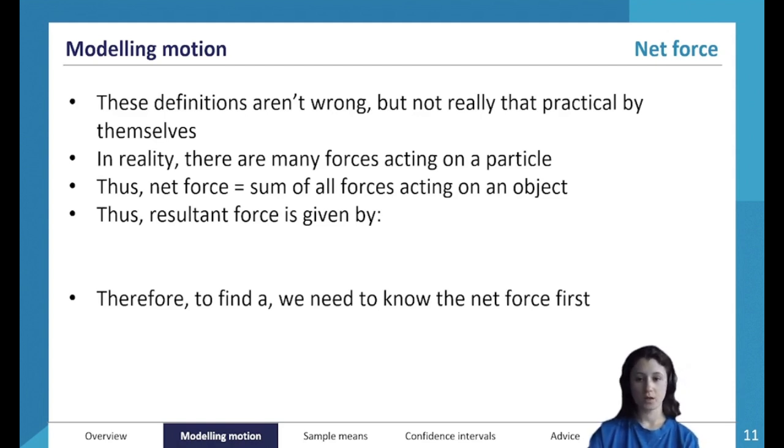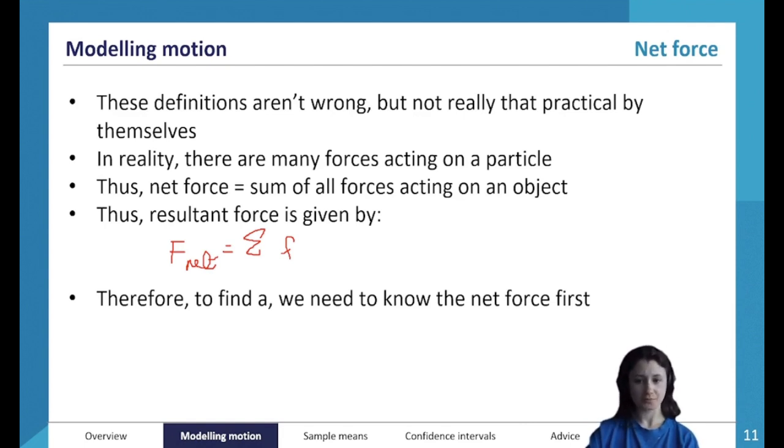Alright? So, the resultant force, F net, is the sum of all of the forces. Alright? So you need to add up all of the different forces, including their magnitude and also including the direction of all of those forces.